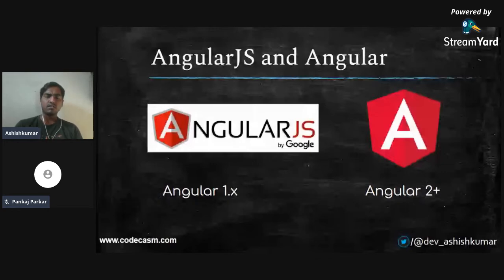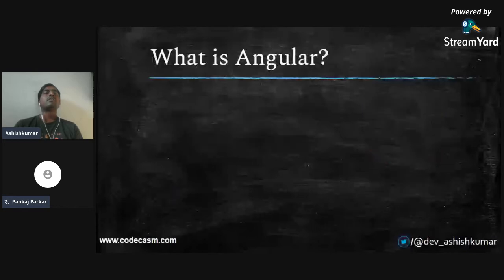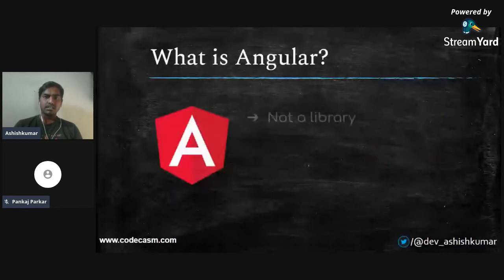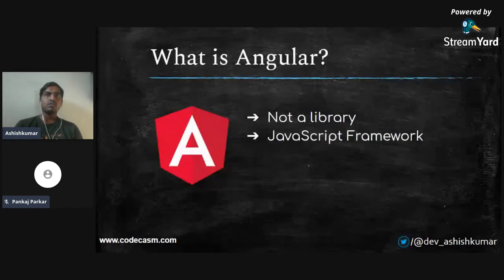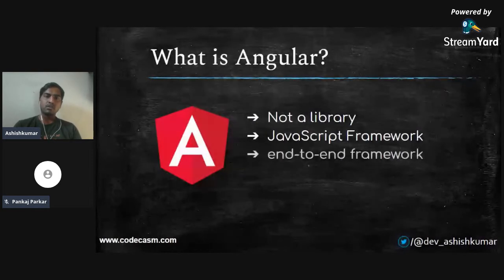What is Angular? Angular we can't say is a library. It is a JavaScript framework that uses TypeScript in the backend to type check or statically bind our data types, which is later transpiled and gives us a JavaScript output. So it is called a JavaScript framework. It is an end-to-end framework. Why end-to-end? Because not only development but from development till testing, everything is provided by this framework itself.